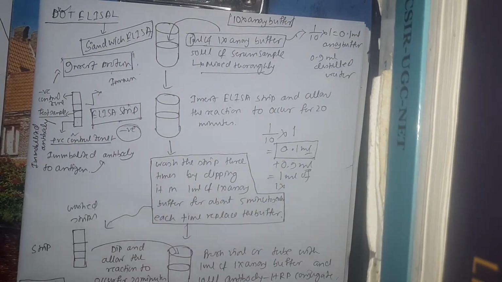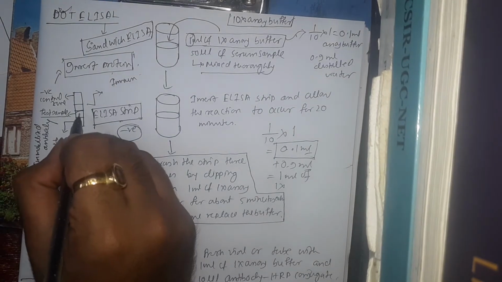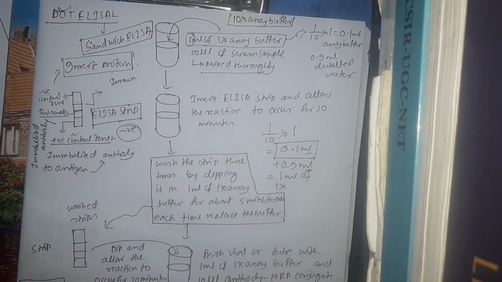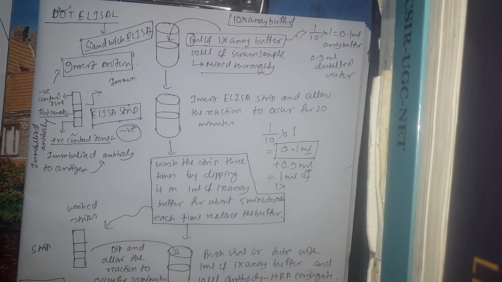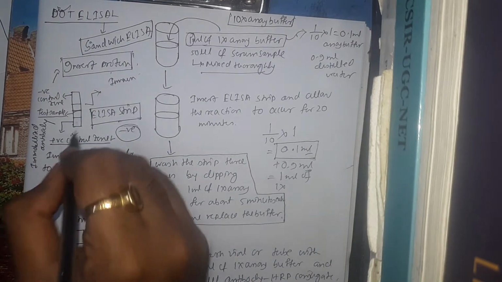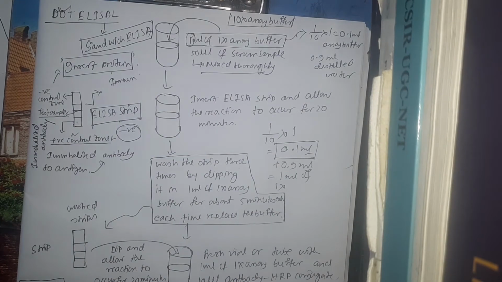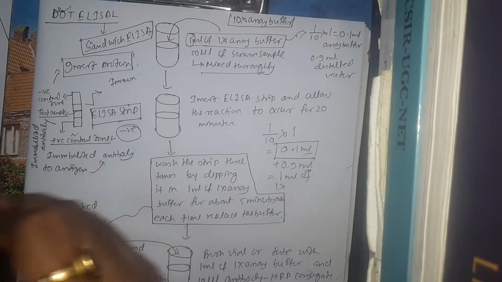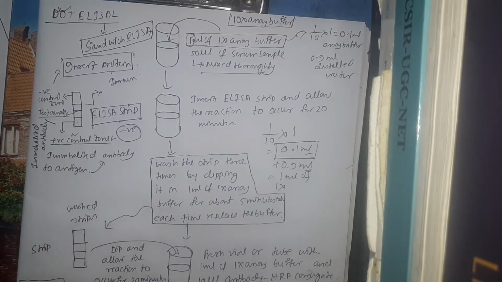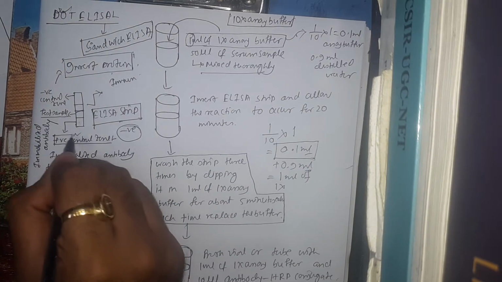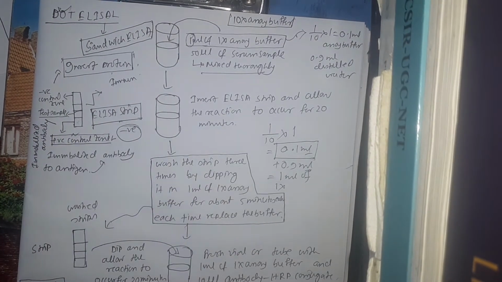But if there is no antigen in the serum, then when you add the secondary antibody it will not bind with anything, because there is no antigen to bind with, right? So in that case, the negative control will have only one spot, and the positive control will have two spots. That means no matter what the result is, in the positive control zone you will always have a spot.